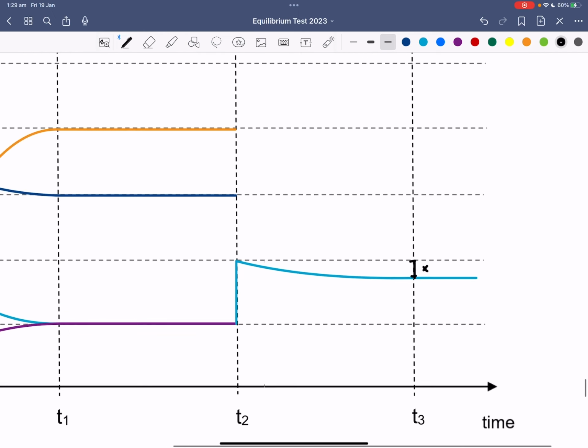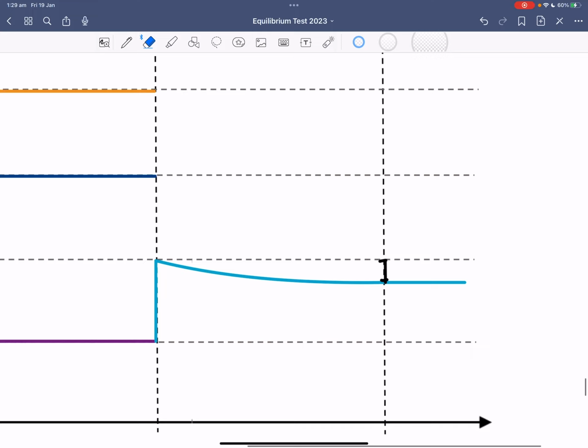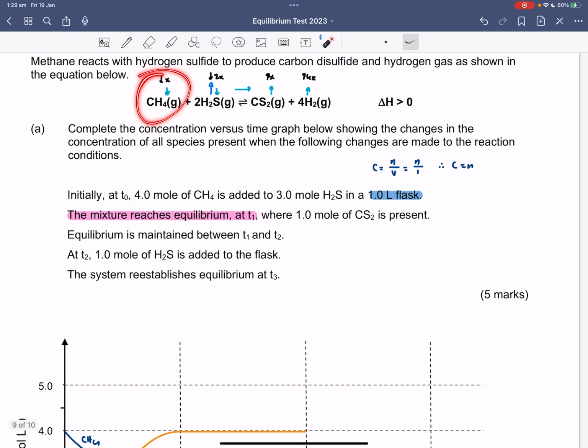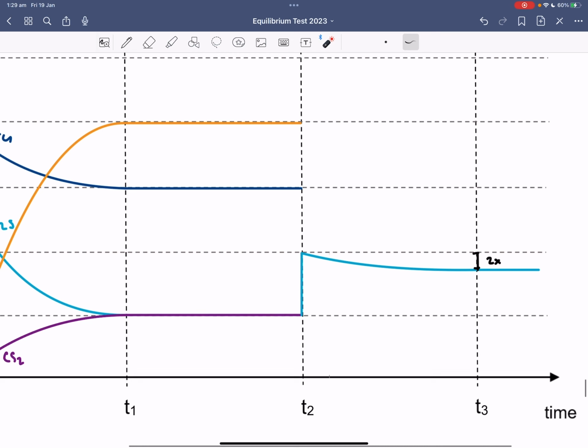So over here, the H2S went up, and then it came down by 2x. What else went down? The CH4 went down by x. So I'll draw something similar and make it go down by x as well.